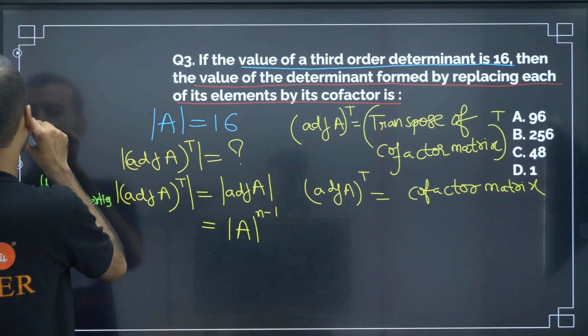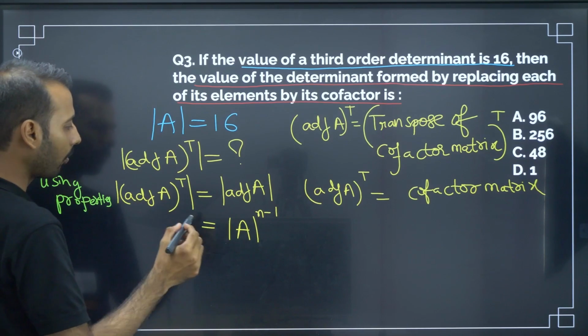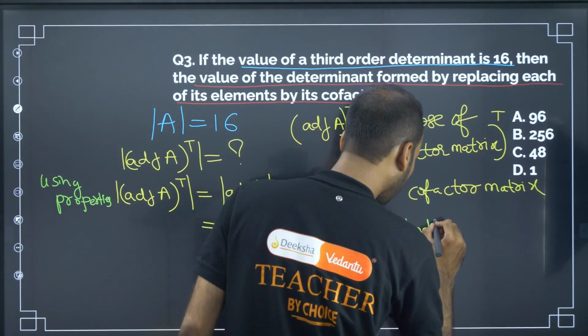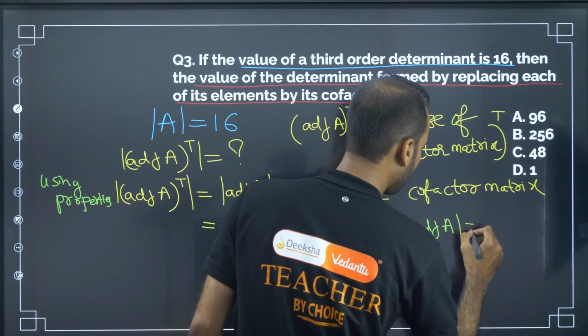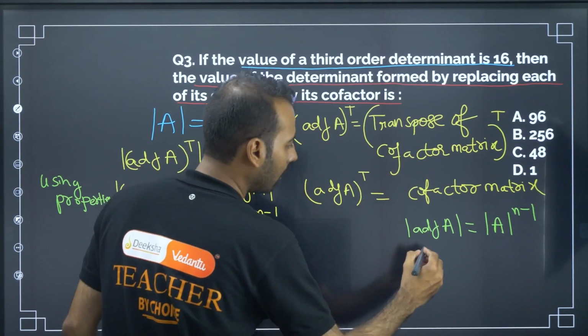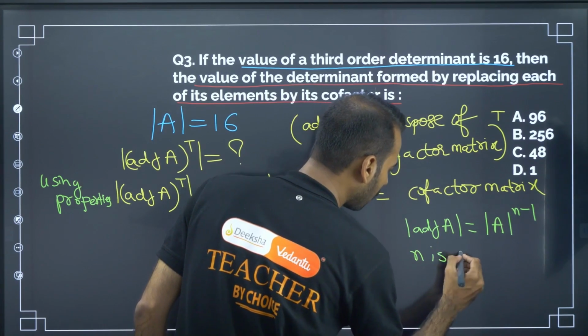Again, one property you should recall. What are those property? Determinant of adjoint of A is equal to determinant of A to the power n minus 1, where n is order.